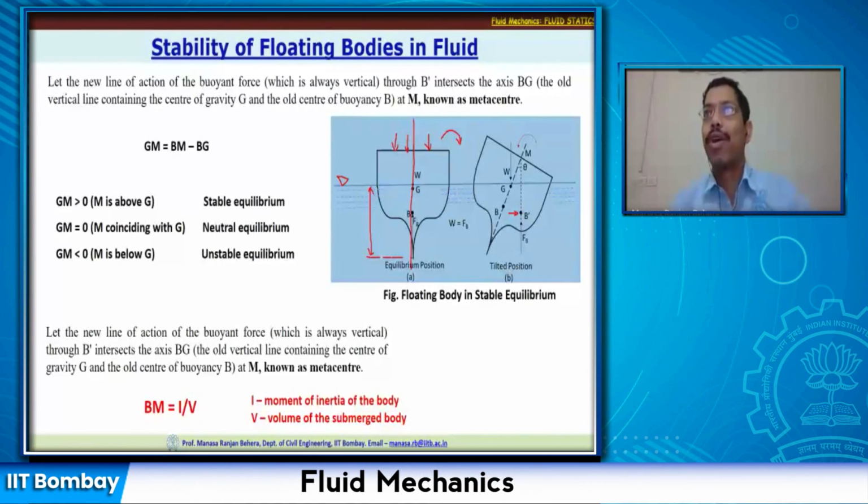So the center of volume is going to be moved to the right side. So you have the point B dash here. Now if you draw a vertical line through B dash, and that intersects this line BG at some point, let me call that point M. This point is called the metacenter.